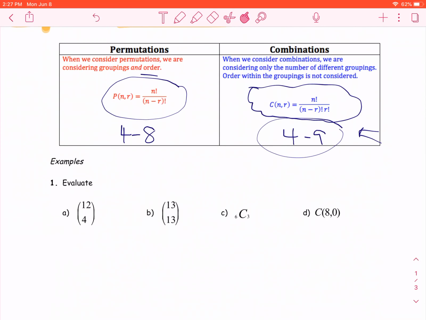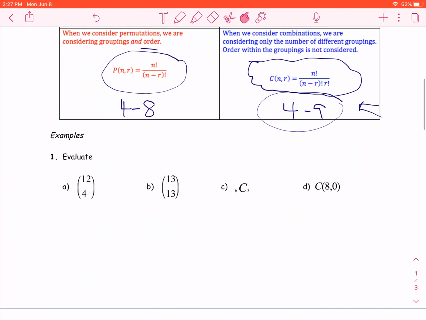Okay, so here we go. What I'd like you to do in your calculator, just for this first little set, is practice and go through how to evaluate. If we were using the formula from the above section, this would be 12 factorial divided by 12 minus 4, which is 8 factorial, and then r factorial would be 4 factorial.